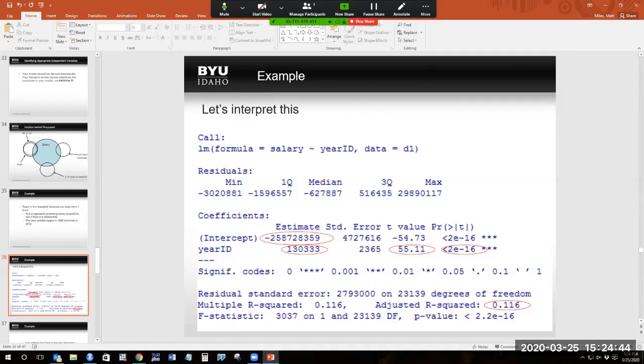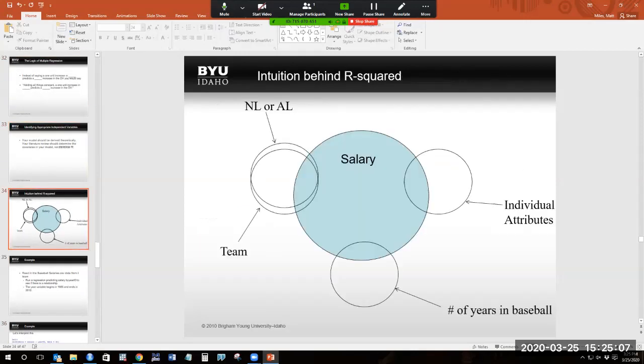The way I interpret this is, as the year goes up by 1, the predicted salary in baseball goes up 130,333. Here I see R squared, 0.116. This means that my model with just this one variable explains 11.6% of the variation. So of all the variation in salary, the year that you play explains 11.6% of this.